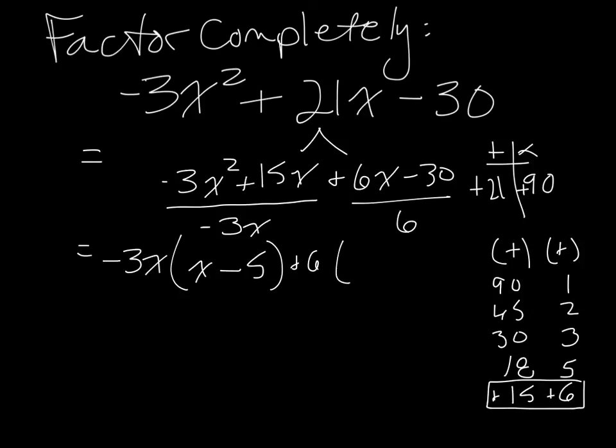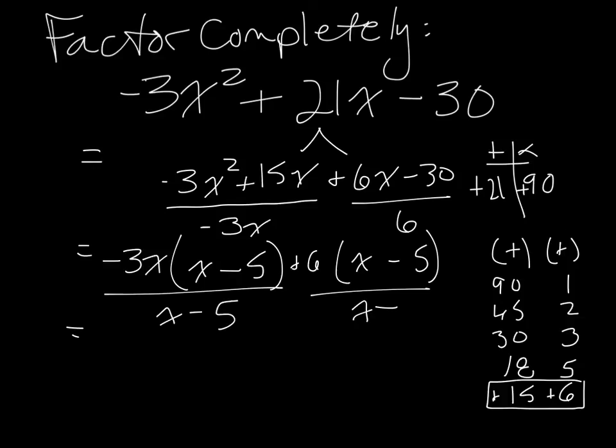So my 6's cancel out, leaving me with x minus 5. Finally, I'm going to factor out x minus 5 and x minus 5. So once I factor that out, I have x minus 5, and then I have negative 3x plus 6.